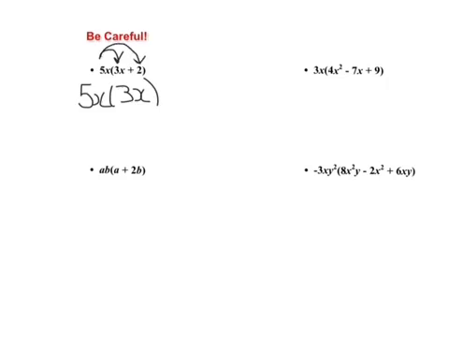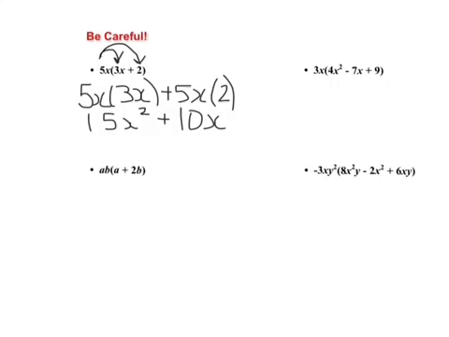So here's where it gets a little bit tricky with the positive signs. What you need to recognize is that the 5x at the beginning is a positive 5x. So 5x times positive 2, or just 2. Right? So now we have 5x times 3x, which is 15x squared, plus 10x. So we're multiplying the coefficients and adding the exponents.